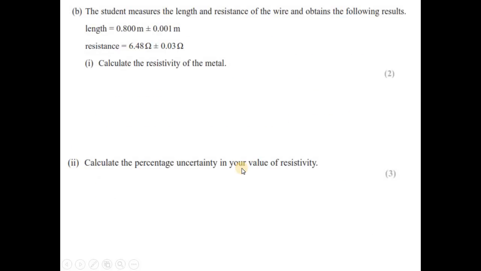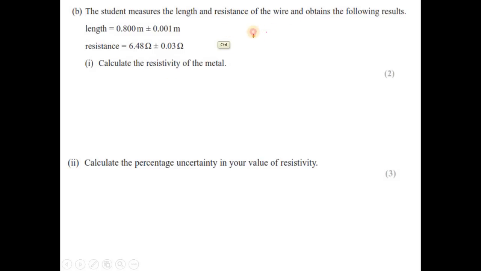B. The student measures the length and resistance of the wire and obtains the following results. Length is this and resistance is this. Calculate the resistivity of the metal. So you must understand the resistivity formula.